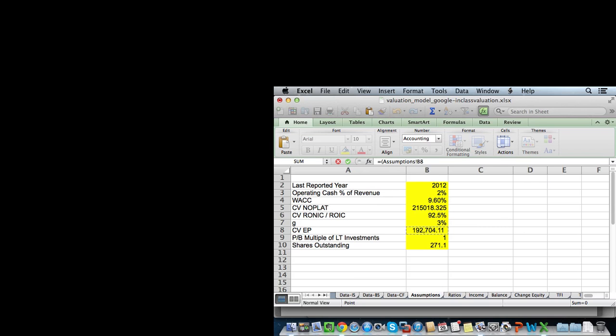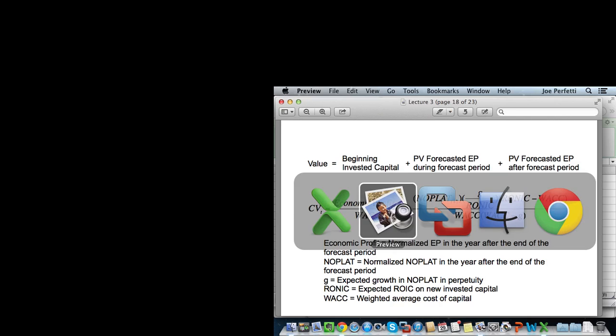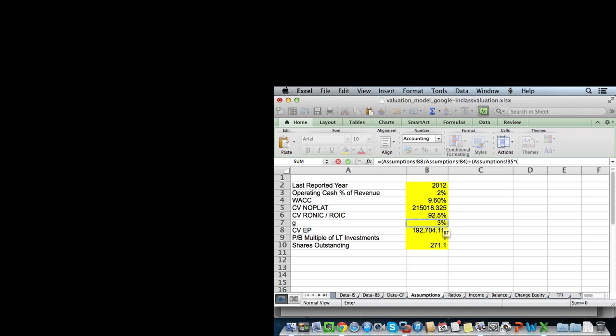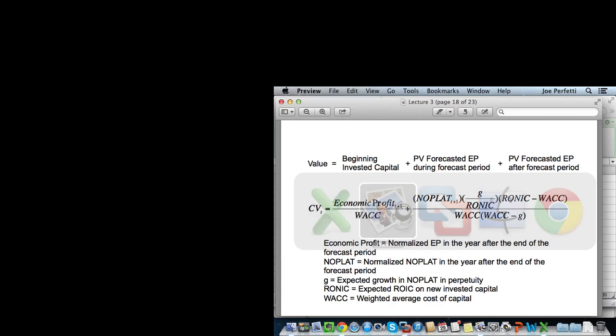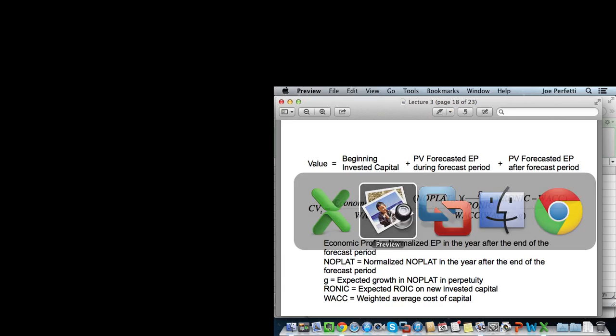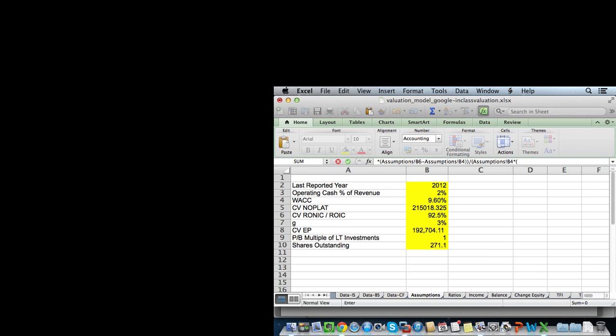Take my economic profit, divide by my WACC, right paren, plus left paren, NOPLAT continuing value, NOPLAT, times left paren, G divided by ROIC, right paren, times left paren, ROIC minus WACC, right paren, take all of that, divide by left paren, WACC times left paren, WACC minus growth, right paren, right paren.